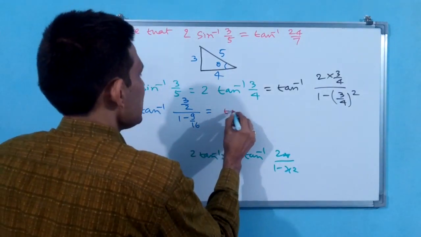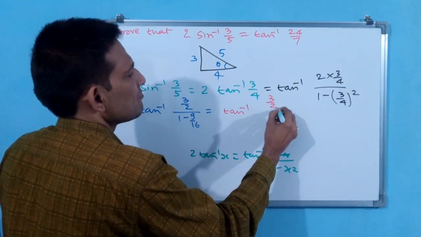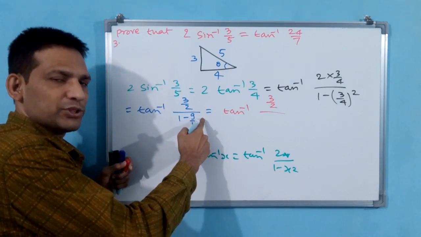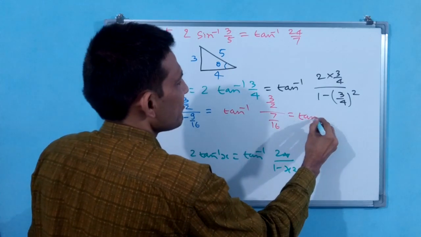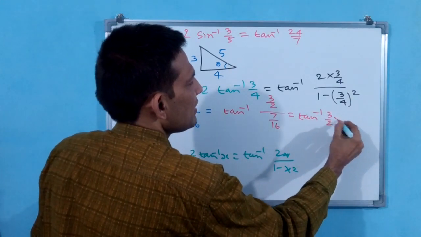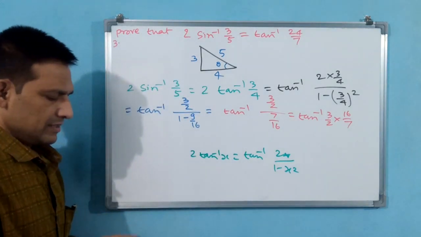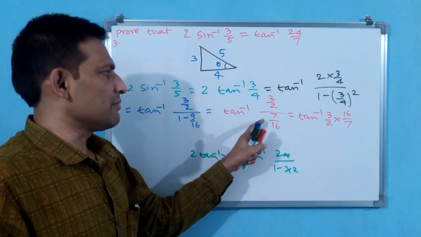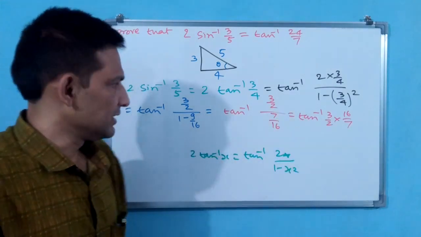Again you do tan inverse 3 by 2, but the denominator is 16 minus 9, which is 7, so 7 by 16. That is equal to tan inverse 3 by 2 into 16 by 7. Is it okay? Definitely okay. Why? Because A by B by C by D is equal to A by B into D by C.